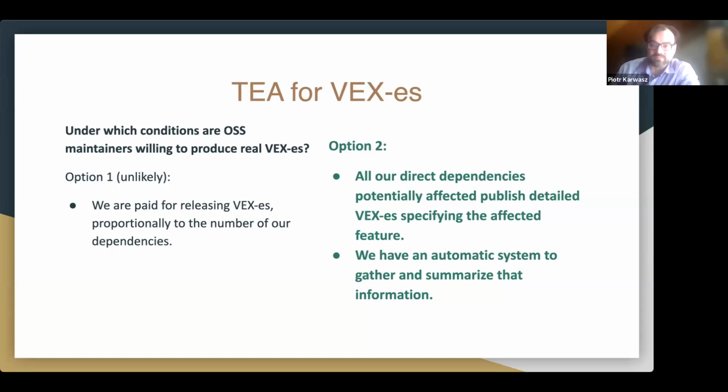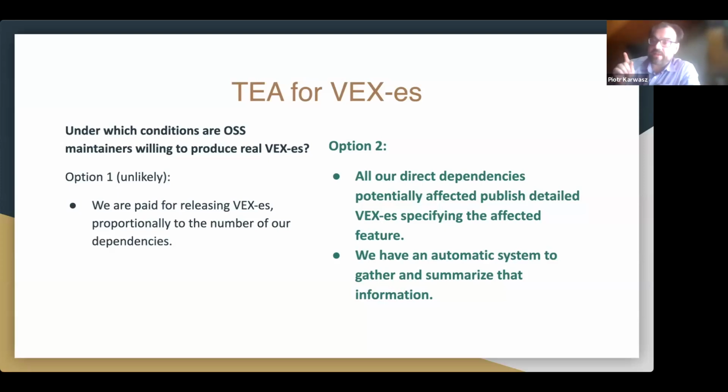But if we are going to produce real VEXes, option one, which is utopic, is that somebody will pay us to do that. We don't think it will ever happen. We can produce VEXes if it's fast. It means that whenever a CVE happens, all our direct dependencies inform us that this CVE is exploitable or not exploitable in their product.